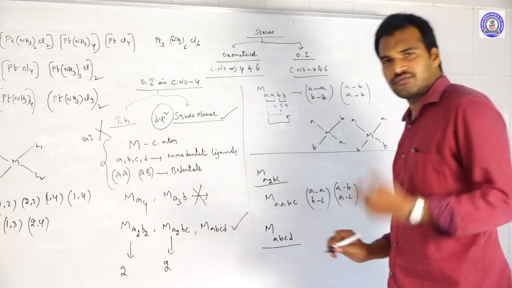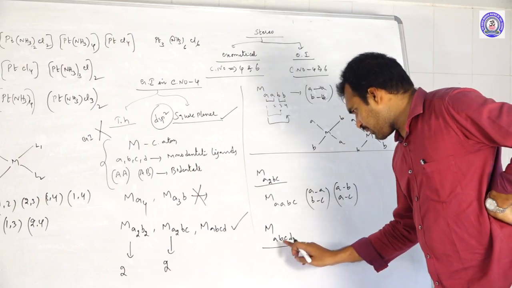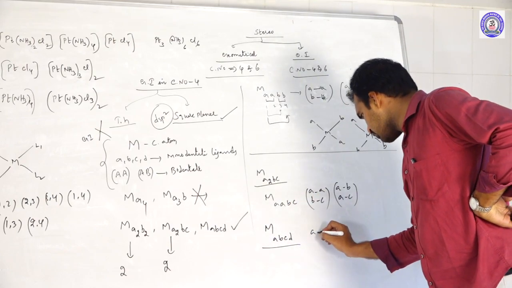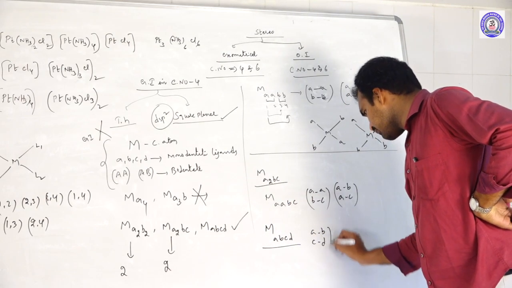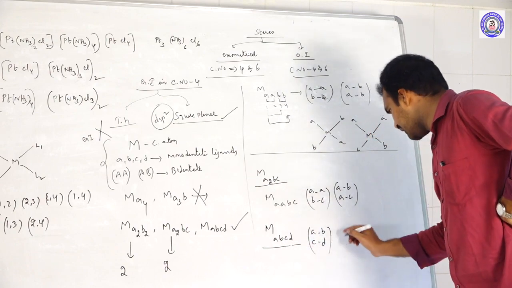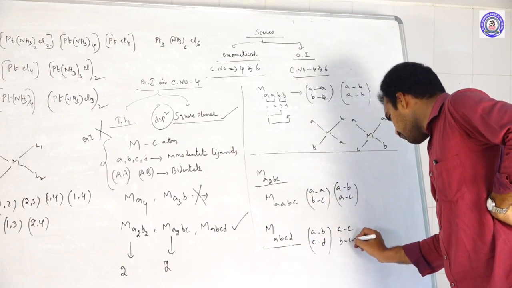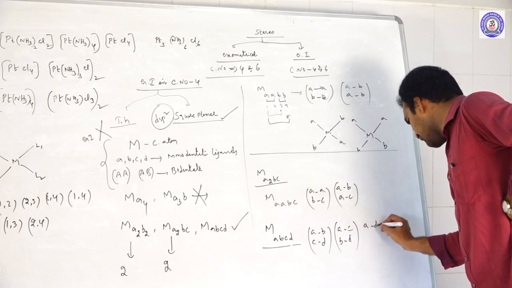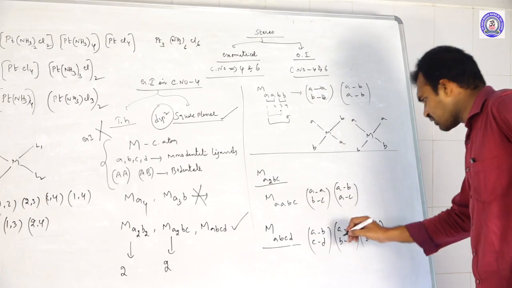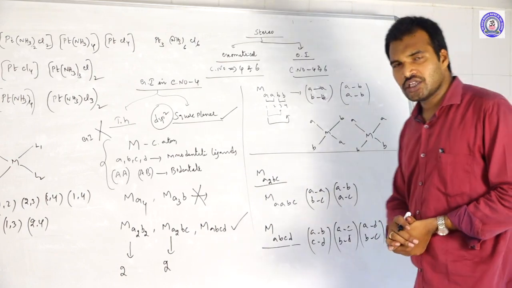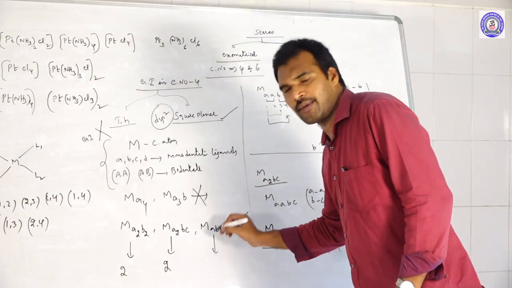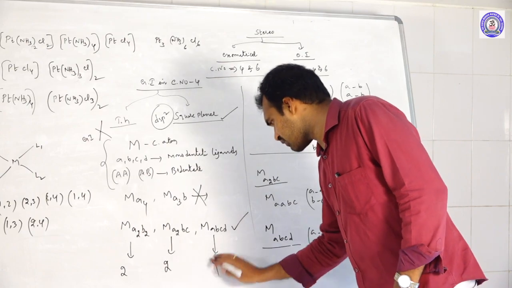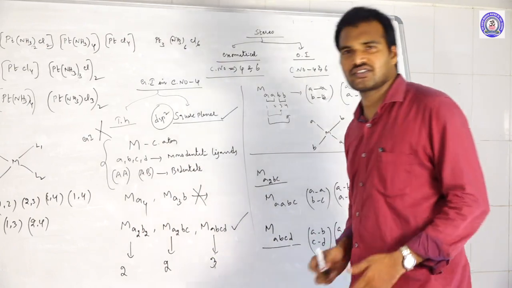Next, the last one is what? MABCD. Now tell me here, you can easily write now. ABCD is one possibility. Next ACBD. Next ADBC. So all 3 are different. So in total how many geometrical isomers are possible for MABCD type? 3 geometrical isomers.